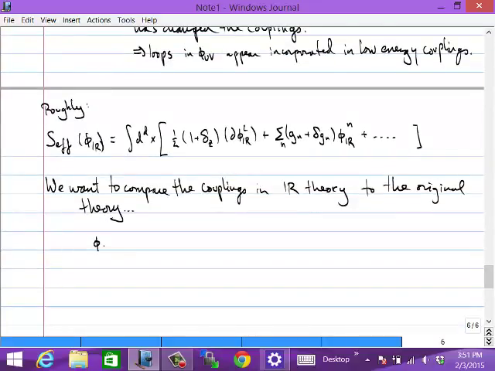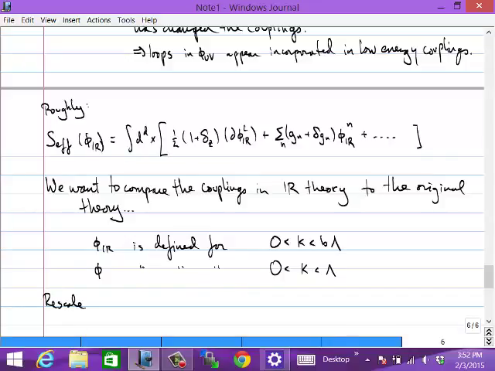In particular, phi IR is defined only for modes with wavelength less than b times lambda, whereas phi is defined over all energy scales running from energy 0 up to lambda. So if we wish to compare these two theories, you need to rescale your variables so that the action S effective is defined over the same range of field values as your original action.